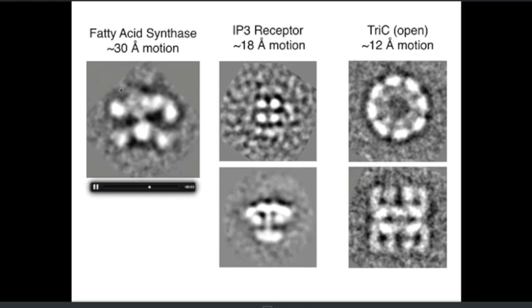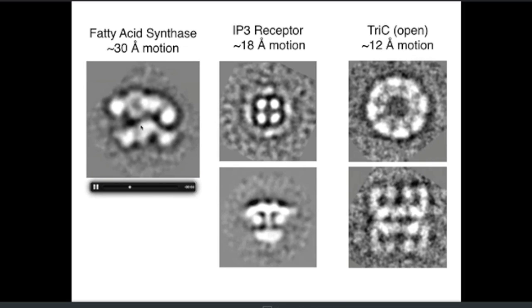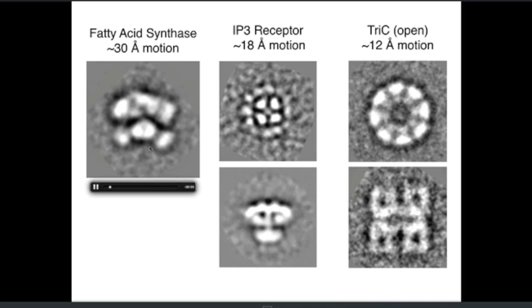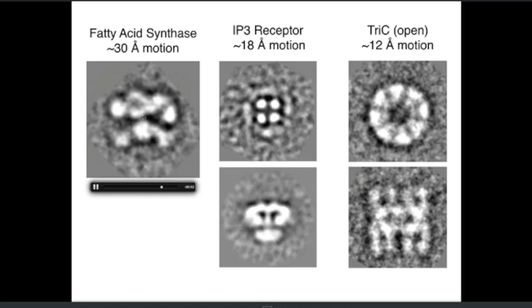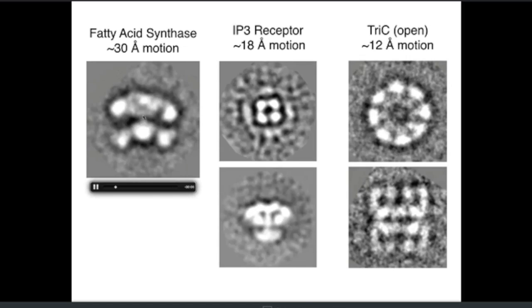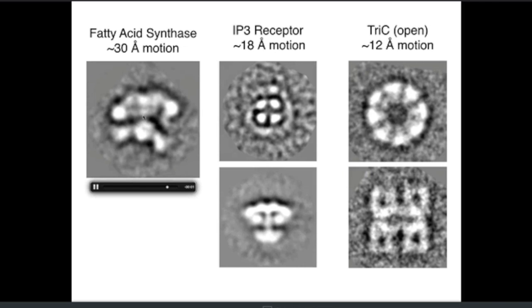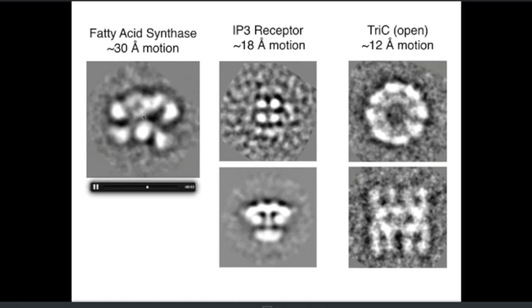So if you wanted to take this structure and produce a set of, say, 3 angstrom resolution structures, that means given the multiple degrees of freedom that we're dealing with here, we would have to create literally hundreds of different structures, and we would have to have tens of millions of particle images to get enough statistical information that we can actually get to very high resolution.